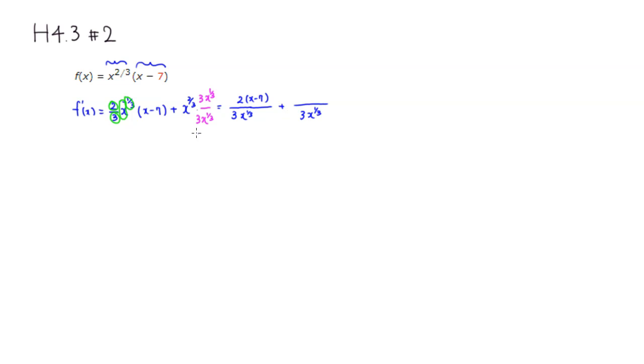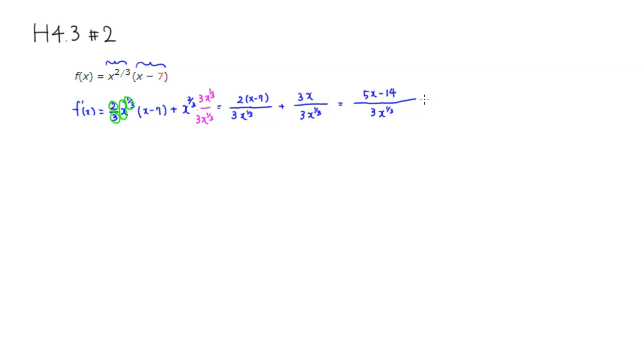In the numerator, x to the 2/3 times x to the 1/3 is just x. If you combine them, you get 2x plus 3x, which is 5x, and then 2 times negative 7 is negative 14, all over 3x to the 1/3 power.